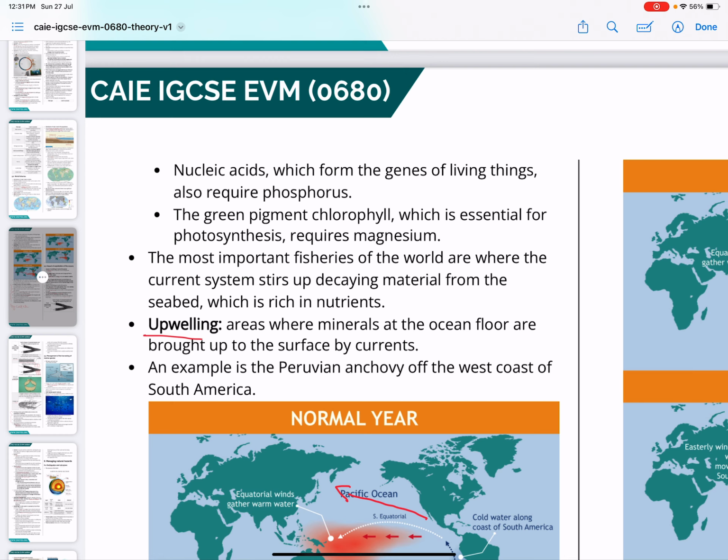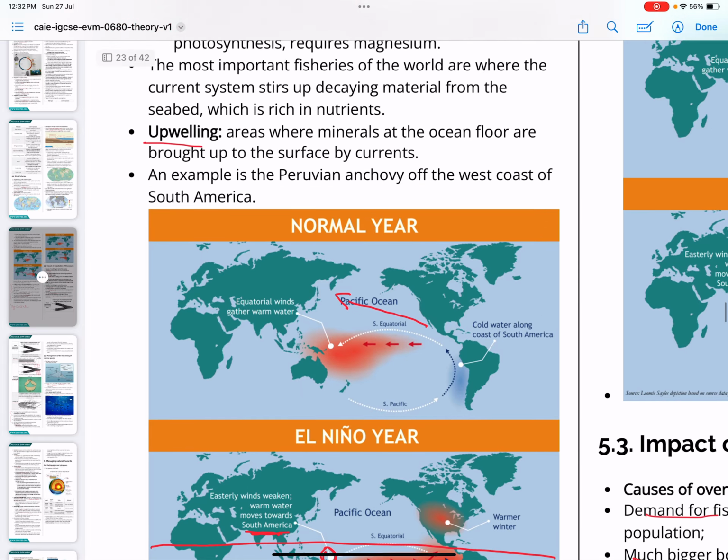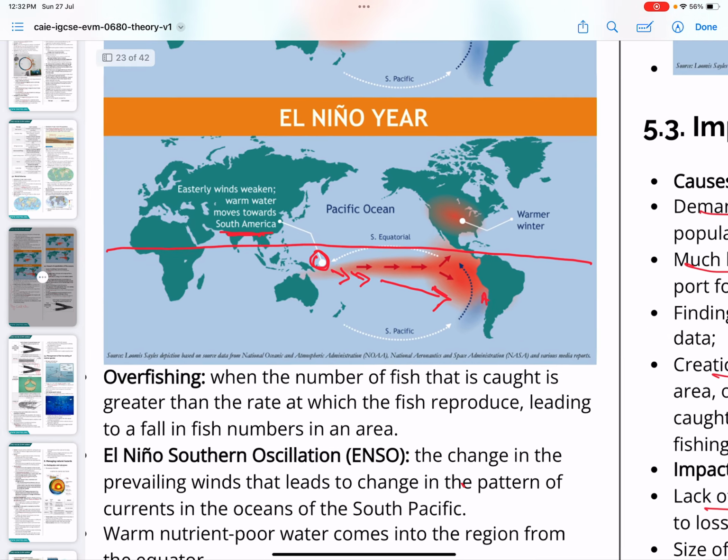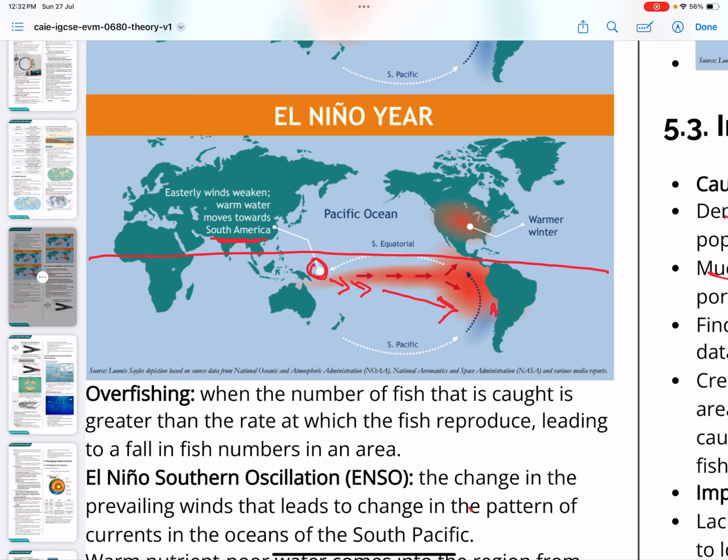The colder currents or colder waves bring these minerals up towards the surface so that the phytoplankton can use them for photosynthesis. So this is basically upwelling. Now, why are we discussing upwelling? The reason is to discuss a natural disaster called El Nino.